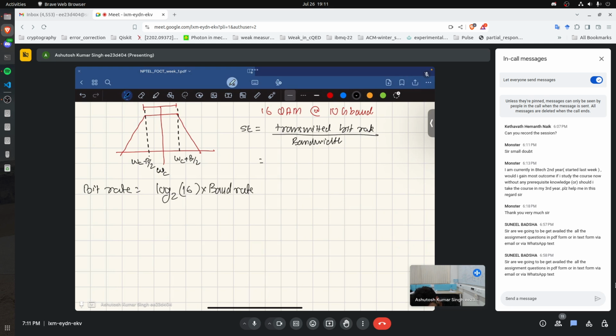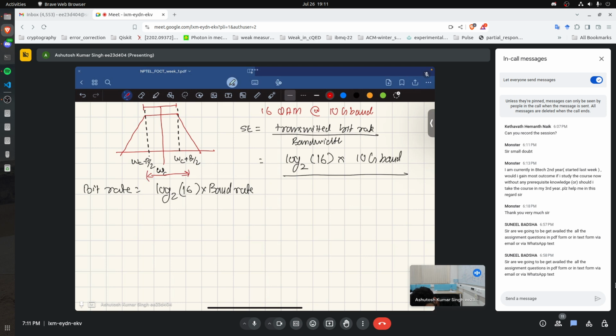So this just becomes 4 into baud rate, which is 10 gigabaud. And similarly, the Nyquist bandwidth is this entire range.